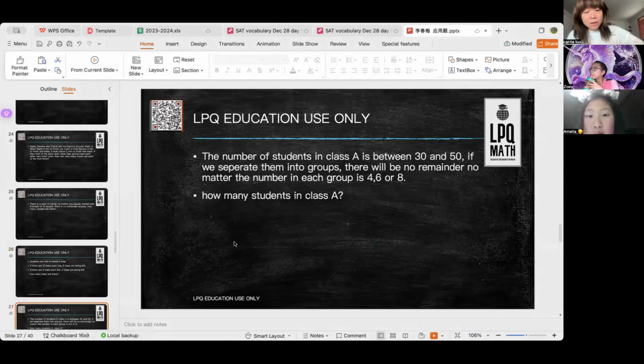The last question. The number of students in class A is between 30 and 50. If we separate them into groups, there will be no remainder no matter whether each group has 4, 6, or 8.